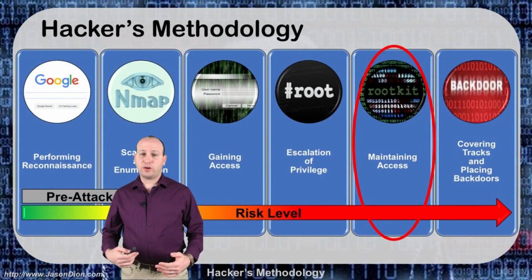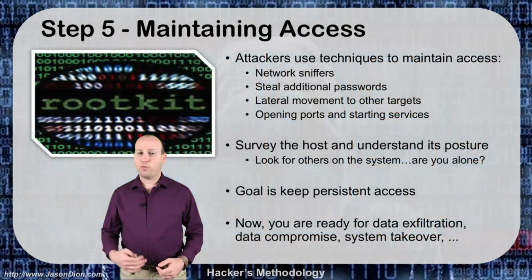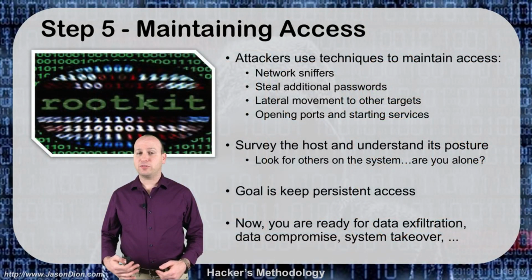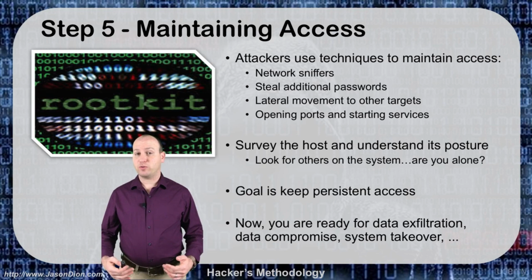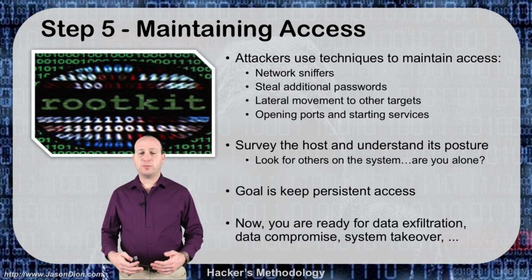Once I've got those administrative rights, I move into phase 5, which is maintaining my access. Just because I have one user account doesn't mean that I'm going to be able to stay in there, because if the system administrators realize that I'm the bad guy, they can just delete that account and then I've lost my access. So instead, once I get access, I'm going to create several user accounts and hide myself throughout the system. That way I can gain persistent access where I can always get back to that network anytime I want.